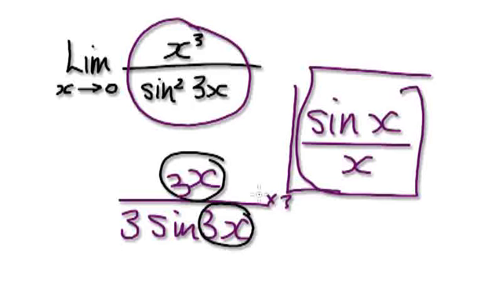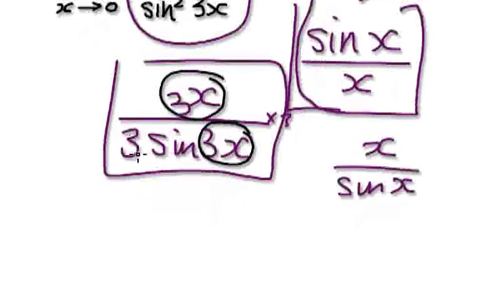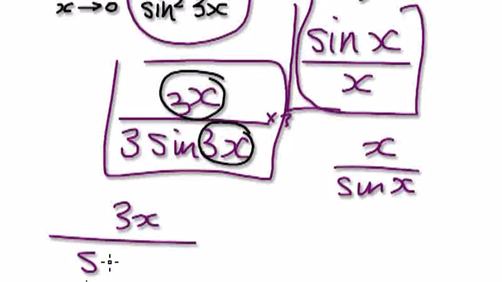Now you've got a scenario where instead of sine of x being on top, you've got x over sine of x. So you've got something like 3x over sine 3x.